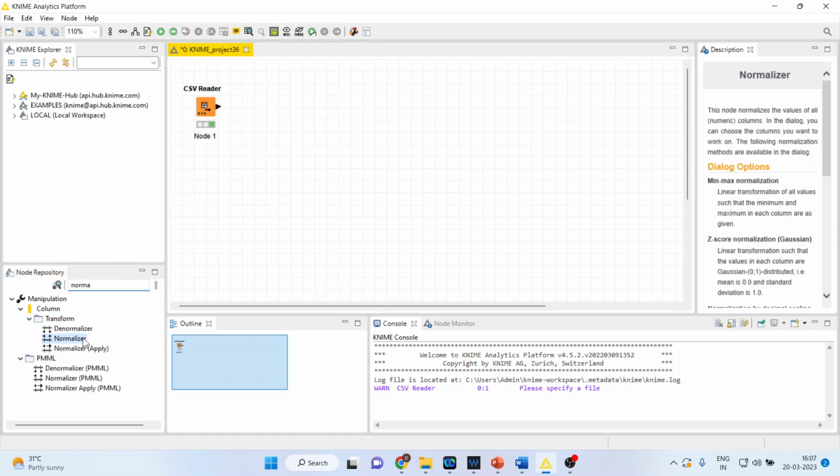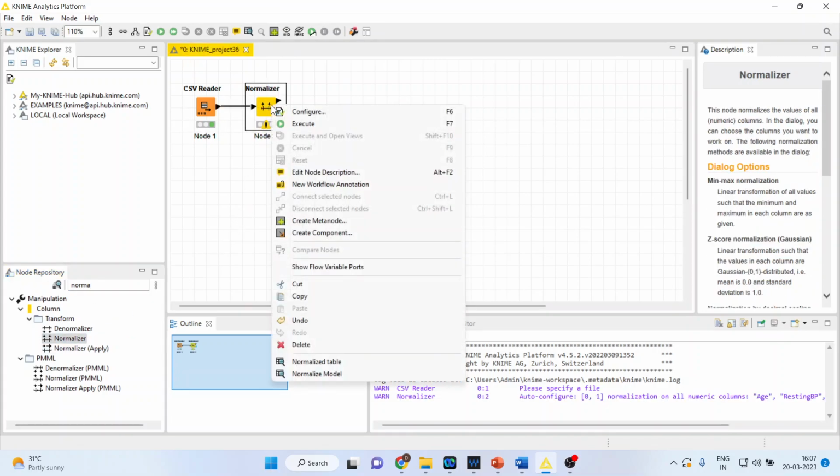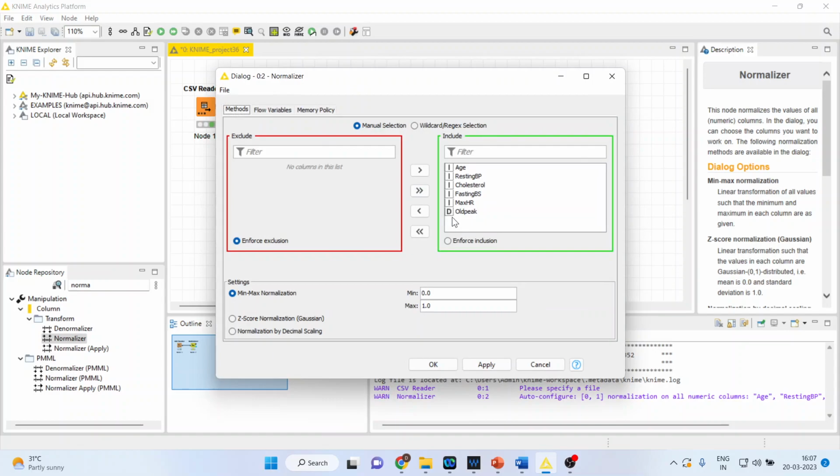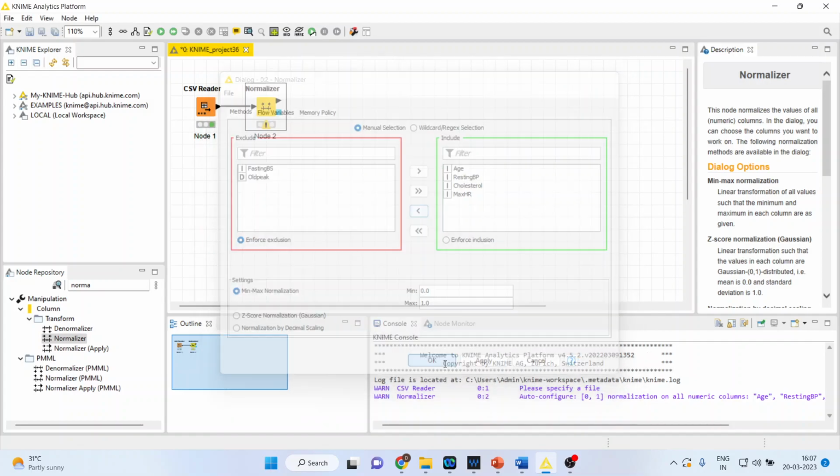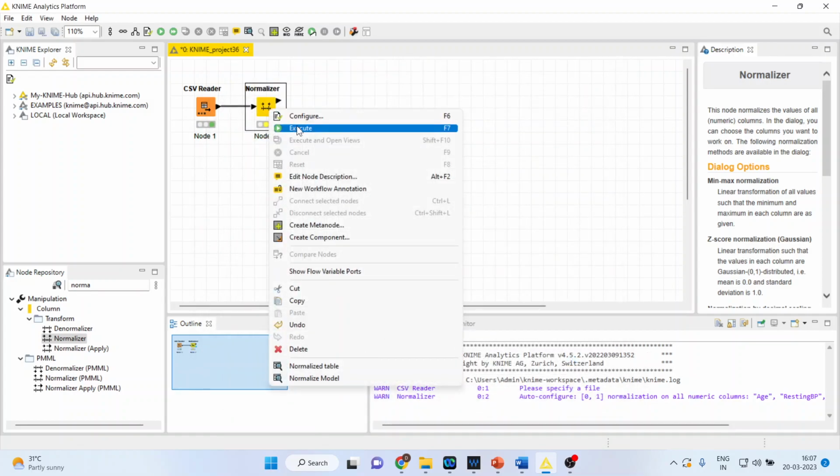So I'll activate the normalizer here. Again, right click on it, configure. I'll remove old peak and fasting blood sugar. Three types of normalizations we have discussed earlier: min-max normalization, z-score normalization, normalization by decimal scaling. Here I'm going to use min-max normalization. Click OK. Right click on it and execute.